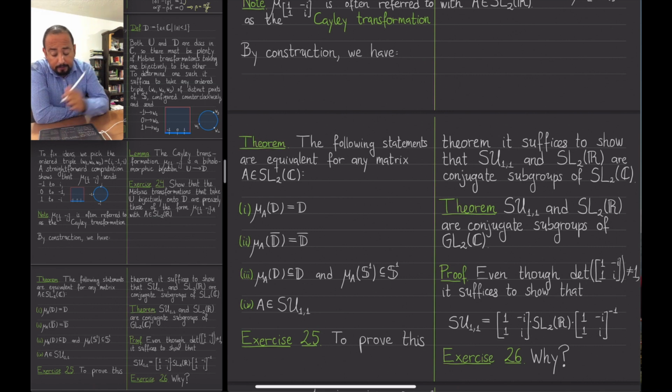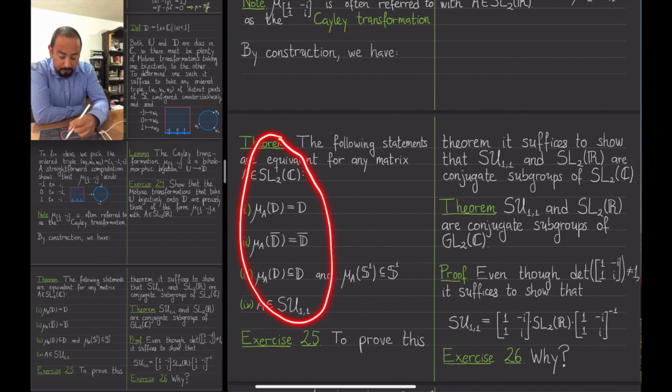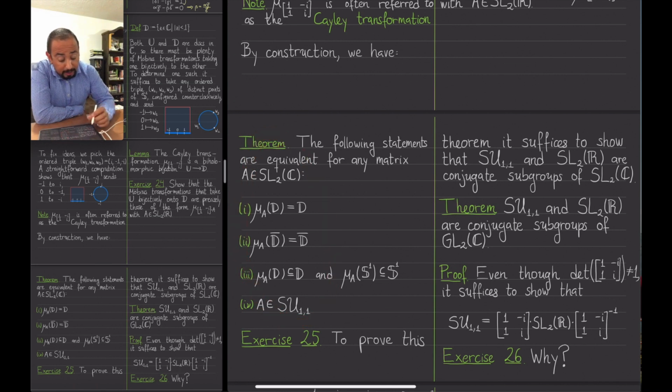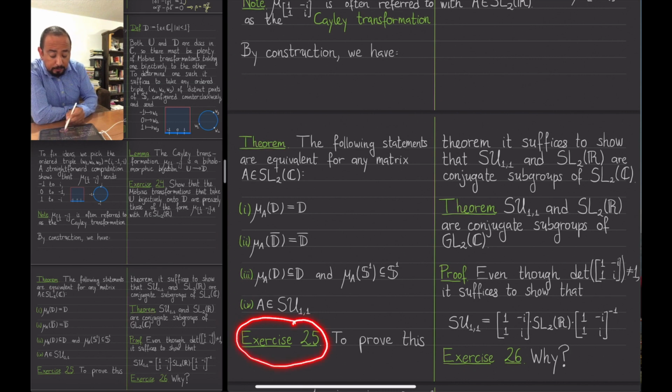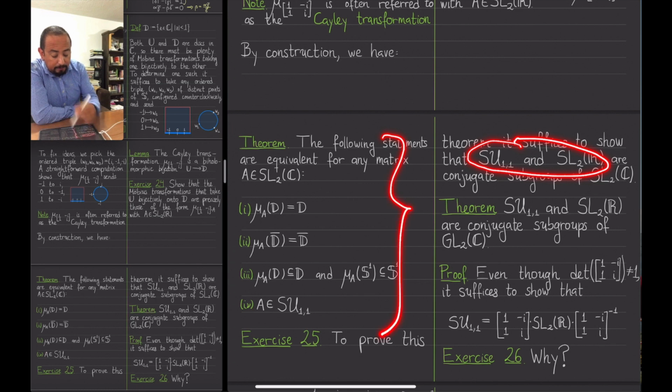Because we already know that the theorem is true for SL2R and U, to prove this theorem for SU11 and D, it suffices to show that SU11 and SL2R are conjugate inside SL2C. I give you as an exercise to produce the argument as to why the fact that these two groups are conjugate implies the theorem.